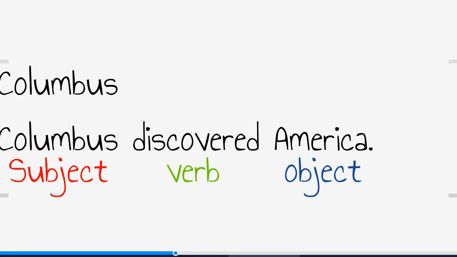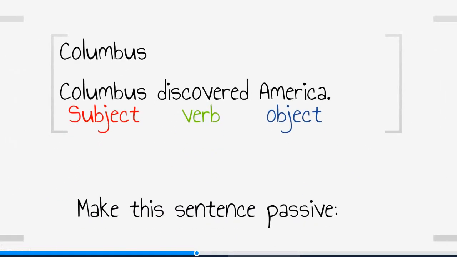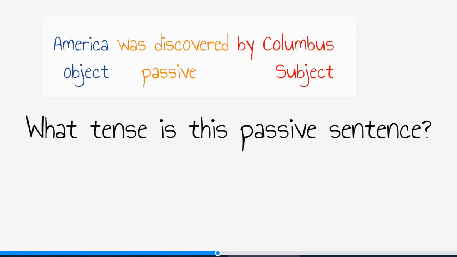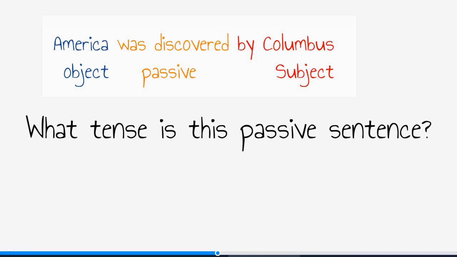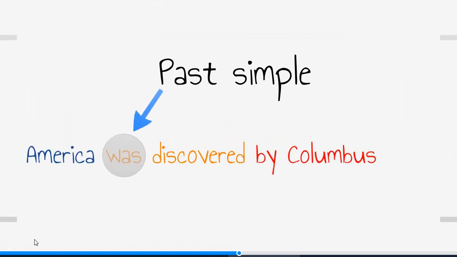Simply, when my verb is in the past tense and I want to make it passive, I will write was or were. So instead of saying is or am or are, I have to say was or were because my verb was in the past. And then I put my verb in the past participle. Okay. So, America was discovered by Columbus.